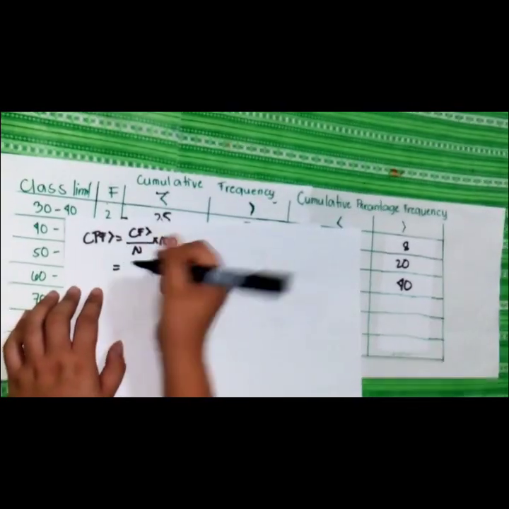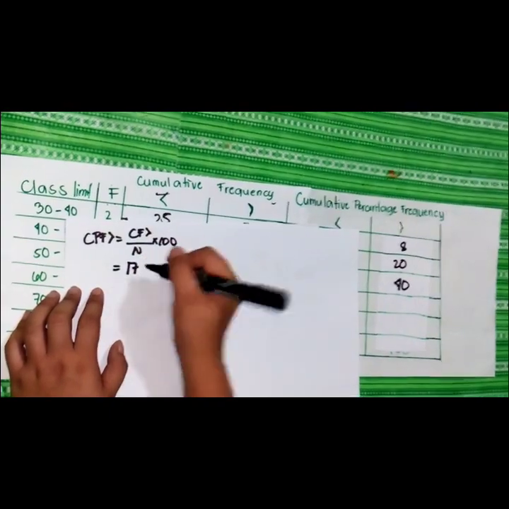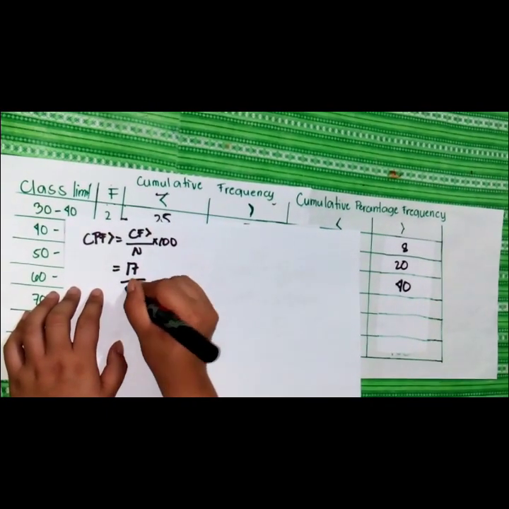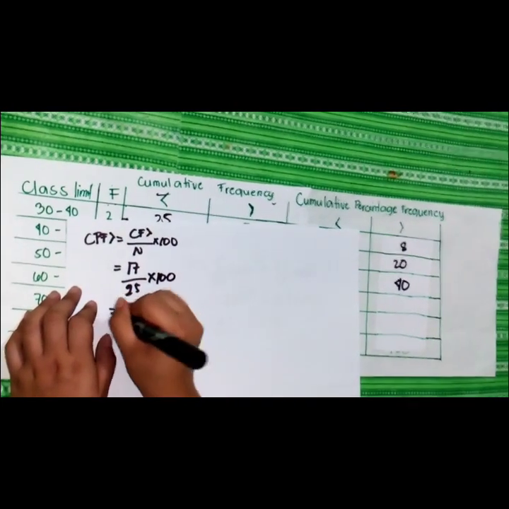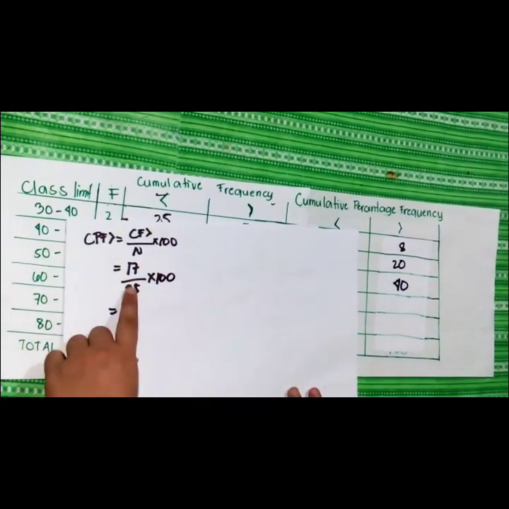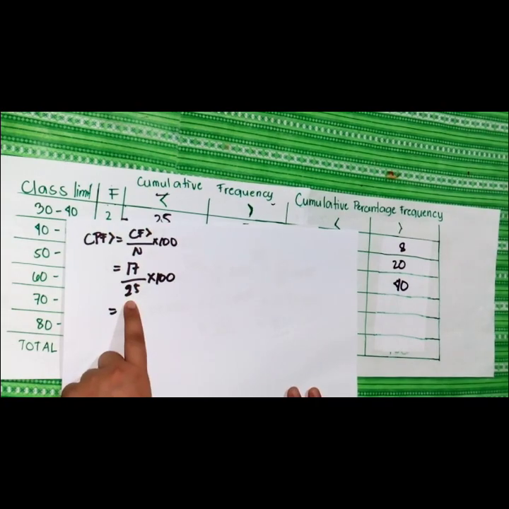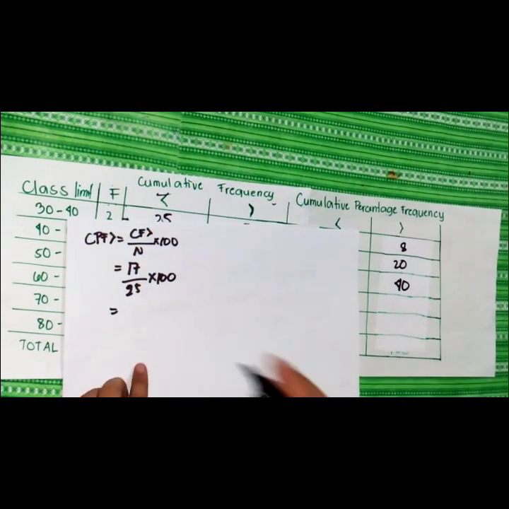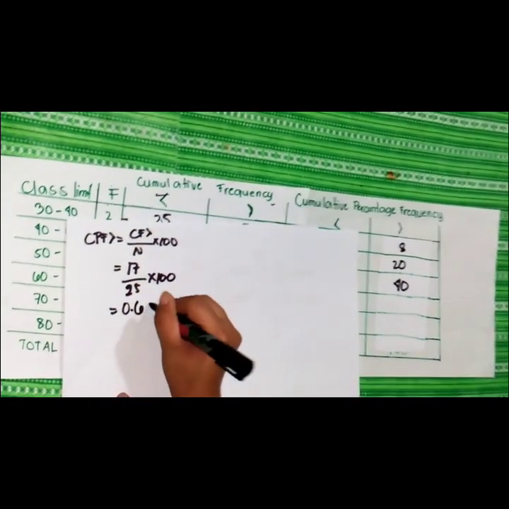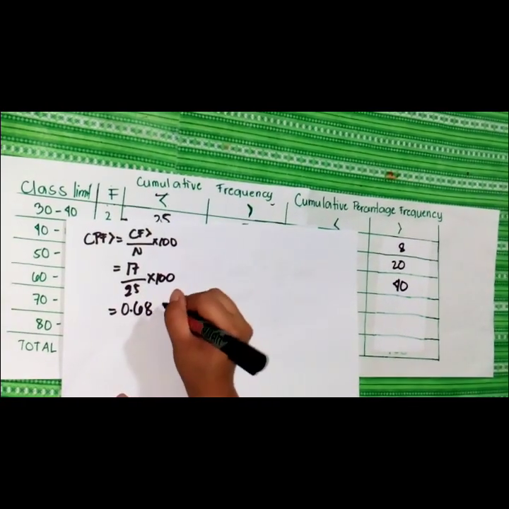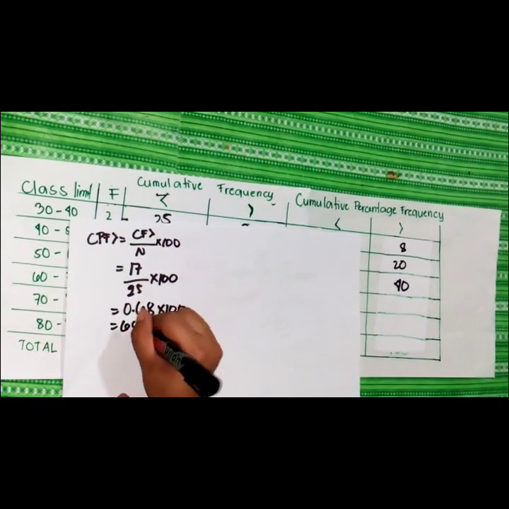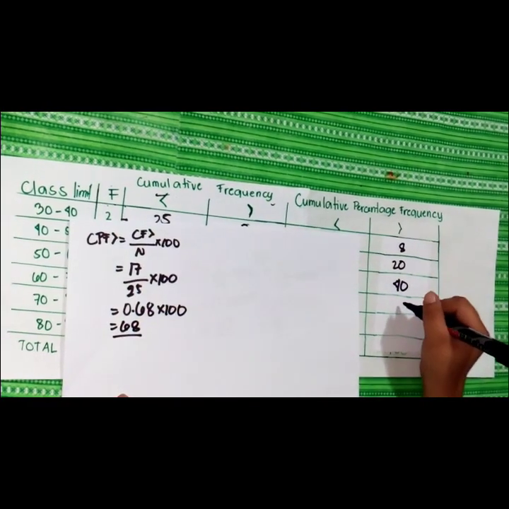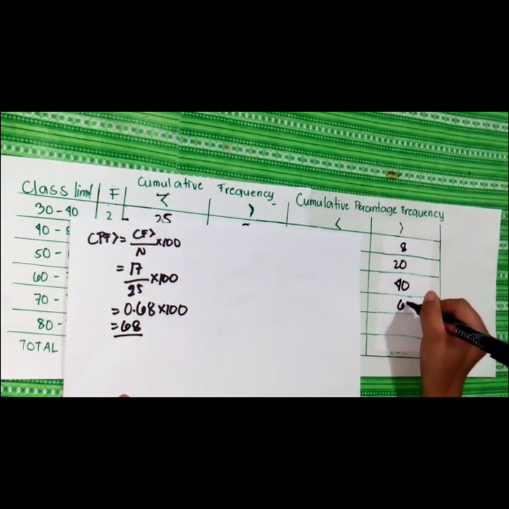So we will write 17 here over the number of cases 25. So 17 divided by the number of cases 25 is equals to 0.68. And 0.68 times 100 is equals to 68. So our answer in the fourth row, we will write 68 here.